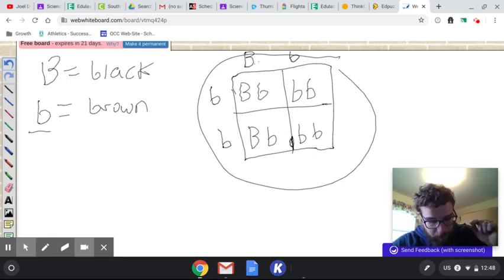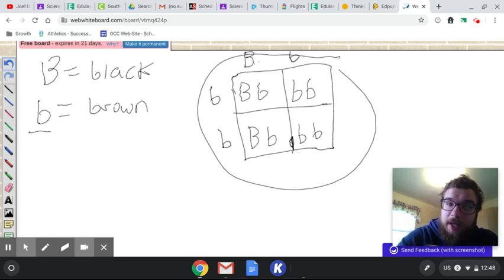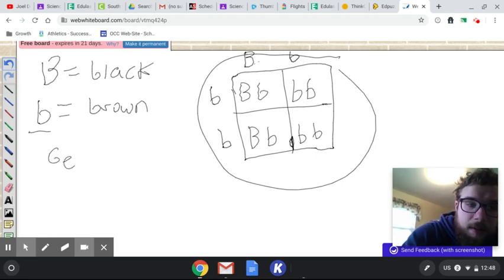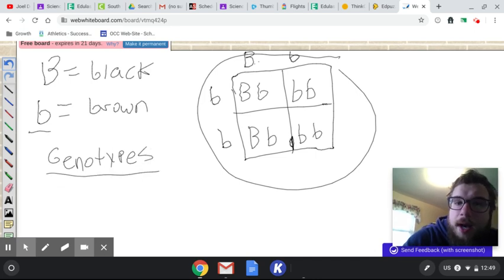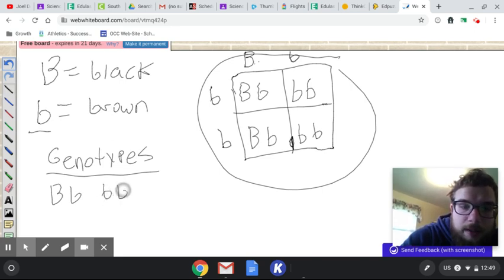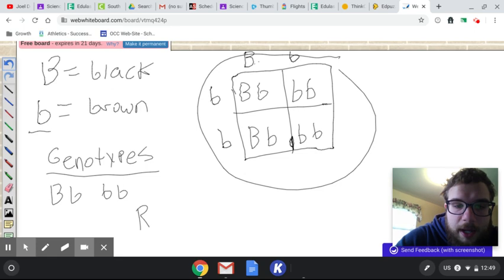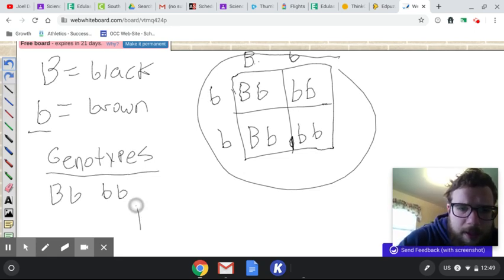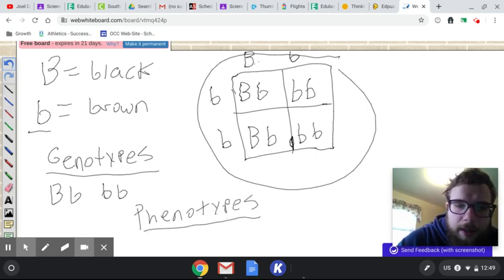So I've got to check and see my genotypes first. My possible genotypes: I could have a big B, little b offspring. Actually, there's 2 of those in there. Or I could have a little b, little b, which means my phenotypes, I don't know why I wrote an R. Phenotypes: I could get black or brown.